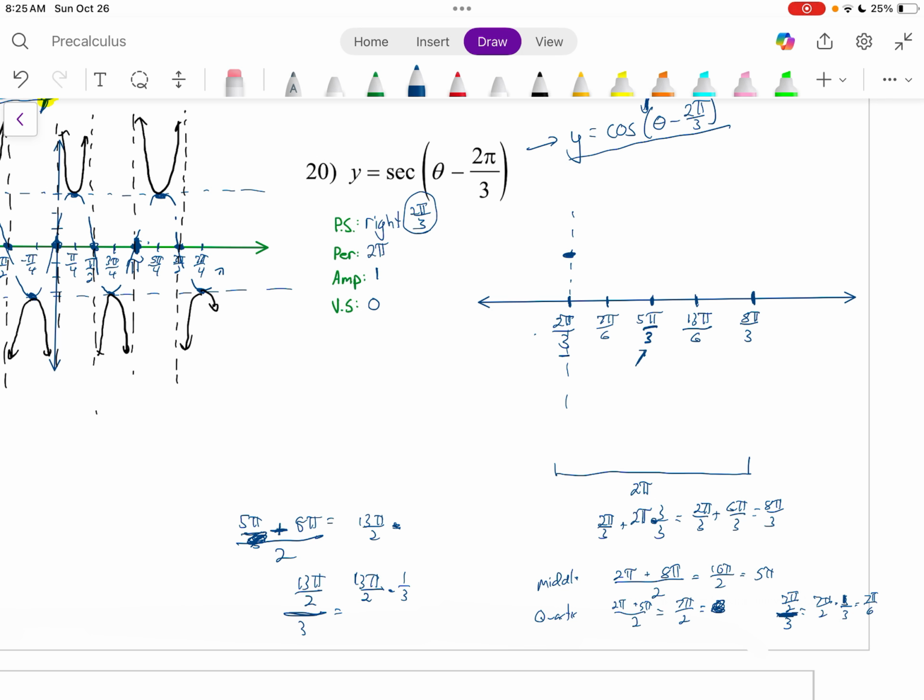So here is cosine. I'm going to do this dashed because I'm thinking ahead and realizing the graph of cosine is not my answer. It's just used to help me get my answer.